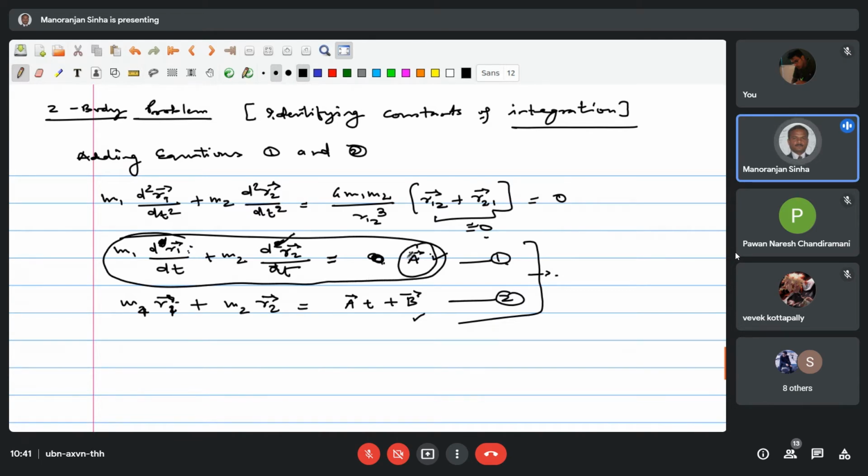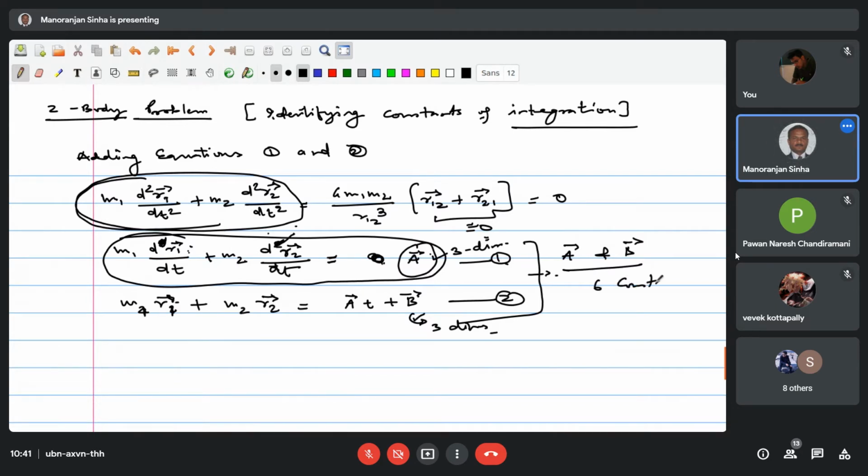This vector is of dimension 3. Similarly, B is of 3 dimensions. You are just integrating this combined together. Now it makes a second order vector differential equation, and therefore total 6 constants. So this A and B together constitute 6 constants. So we have identified these 6 constants.